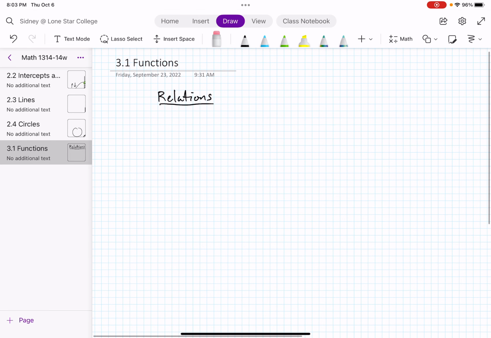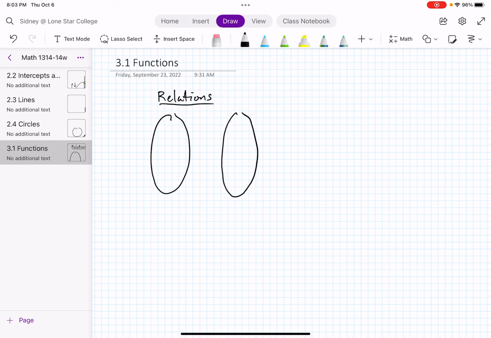One is to look at what's called a mapping. A mapping. And so you have two collections. You have a collection of inputs, or sometimes called x values. And these are simply numbers.